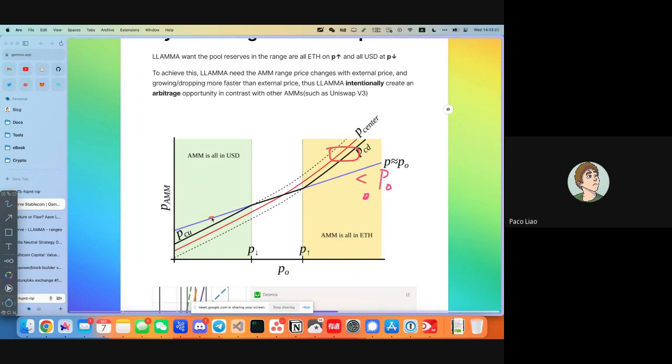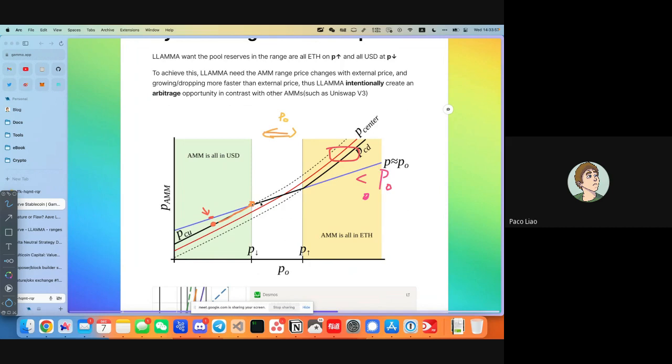And AMM price normally will be around external price. So it's out of range, and all the tokens in this range will be USD. But with the external price growing and the P_cu growing faster, it will become in range at this point, right? Yeah. So between this external price range, the AMM range will be in range.